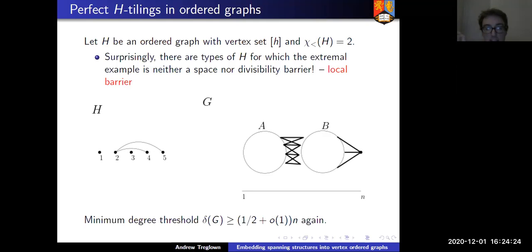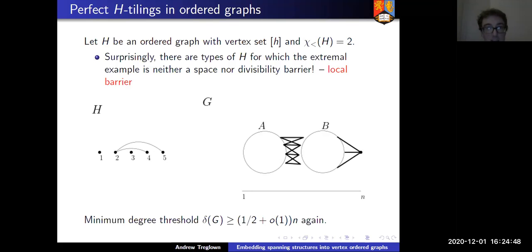We keep on ascending, and then the very last vertex, this special vertex, is labeled n. And this vertex sees everything in B, but nothing in A. So this structure has minimum degree about n over 2, but it doesn't have a perfect H tiling.